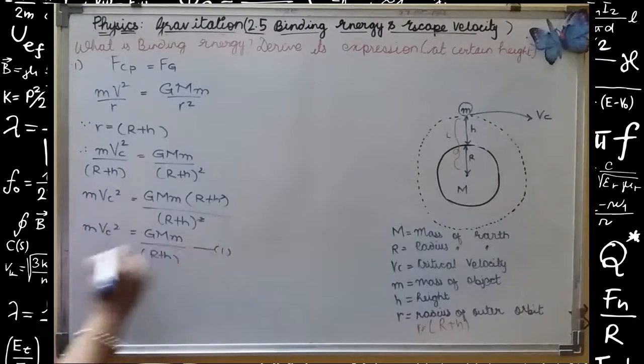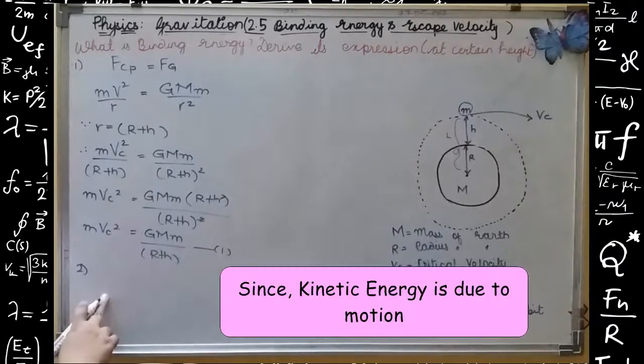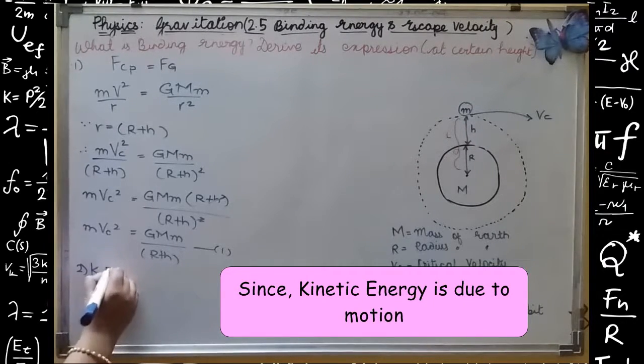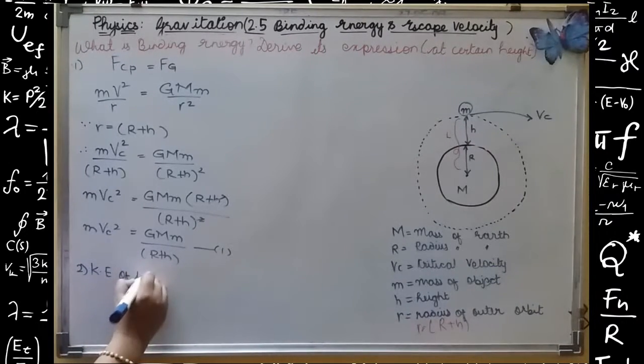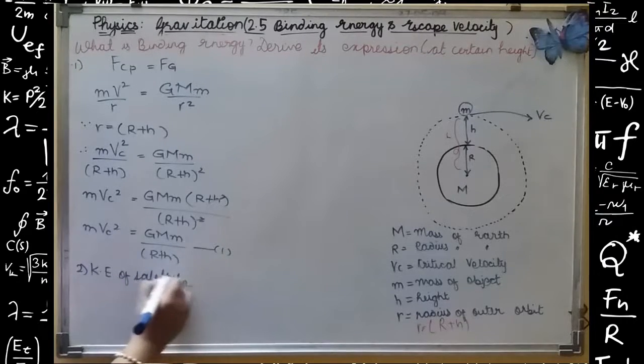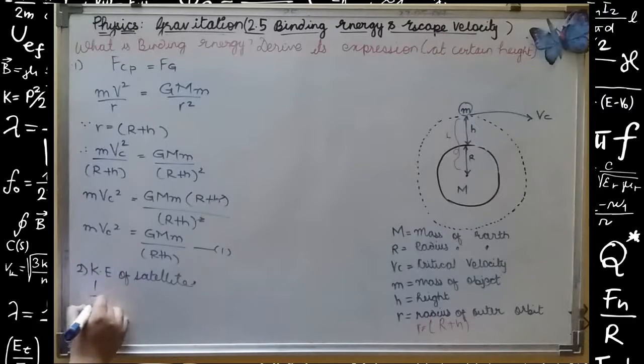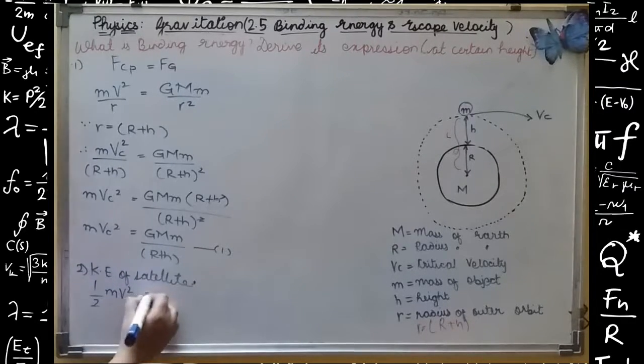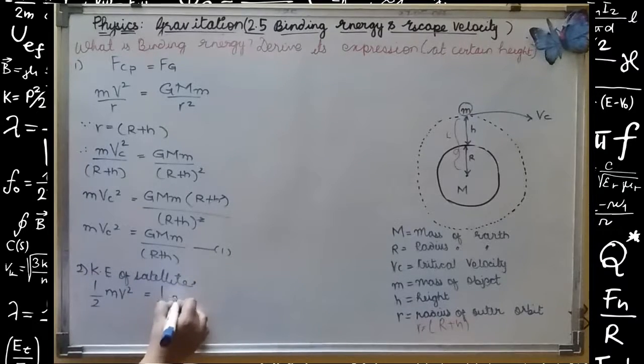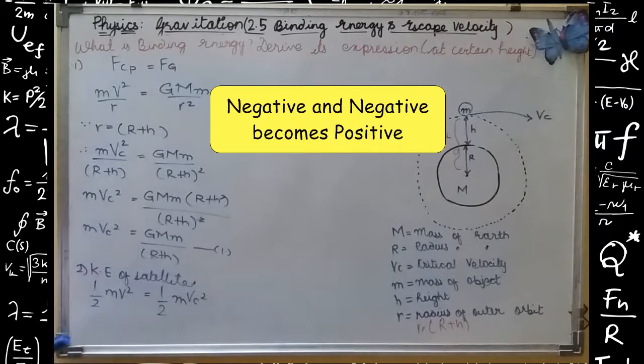Let us take it as equation number 1. Second point is, there will be some kinetic energy of the satellite when it is revolving, which would be nothing but half mv square. But in this case we will write it as half mvc square.